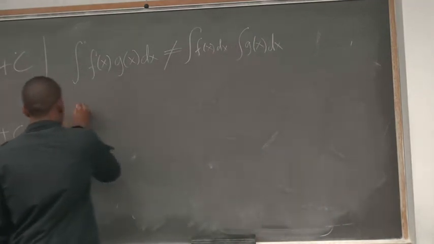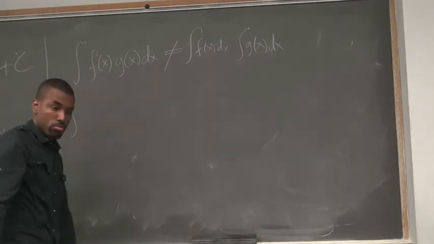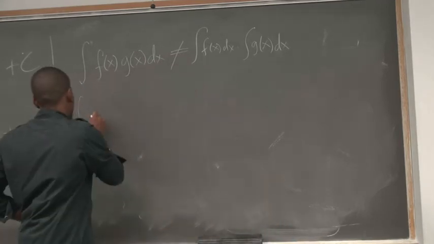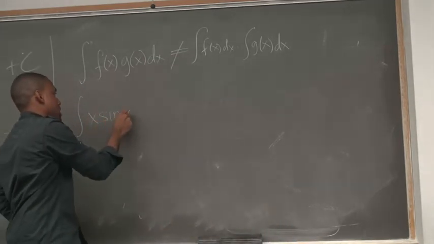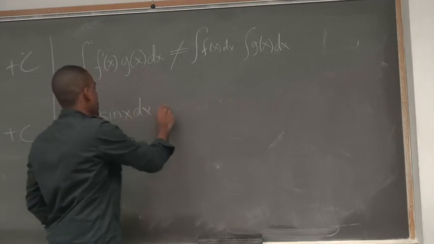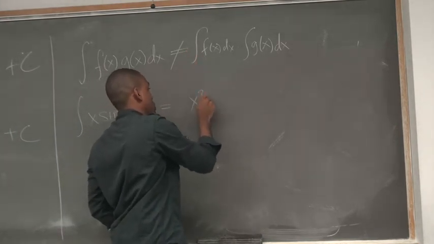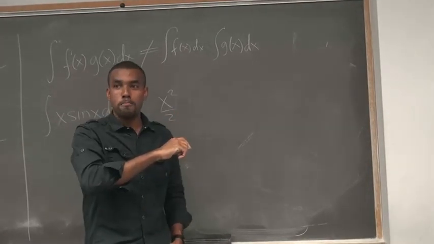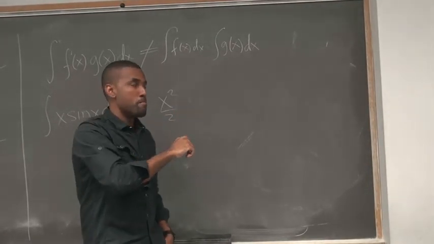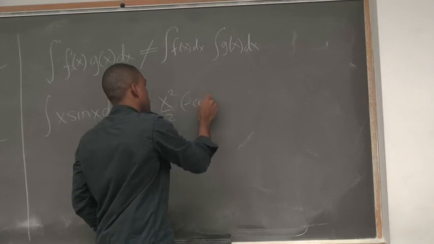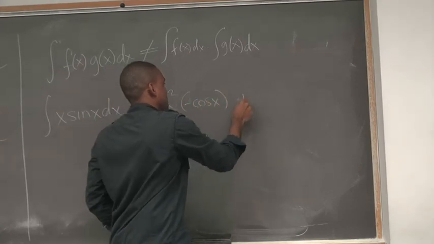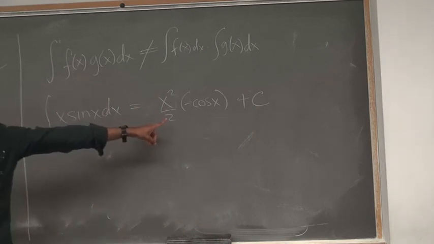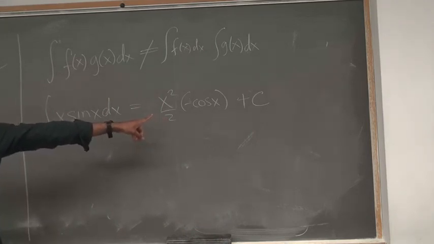So if I say to integrate x sine x, and I see you write something like x squared over 2 times, what's the integral of sine? Negative cosine. Okay, so if I ask you to do this and I see you do something like that, big mistake.